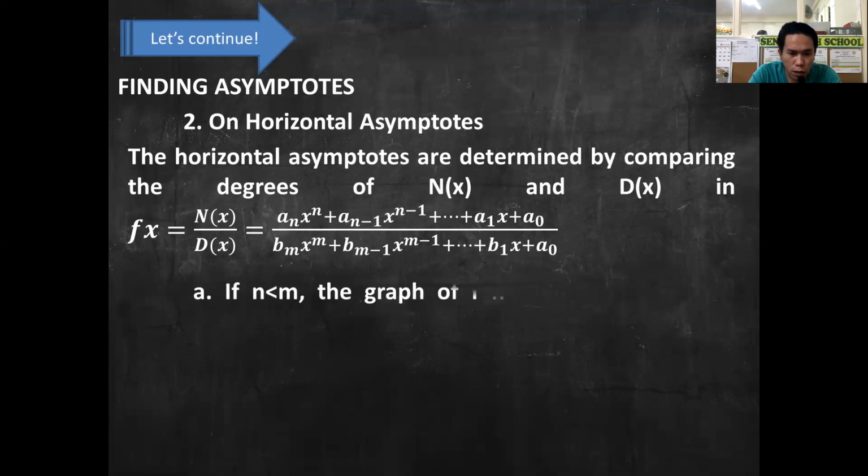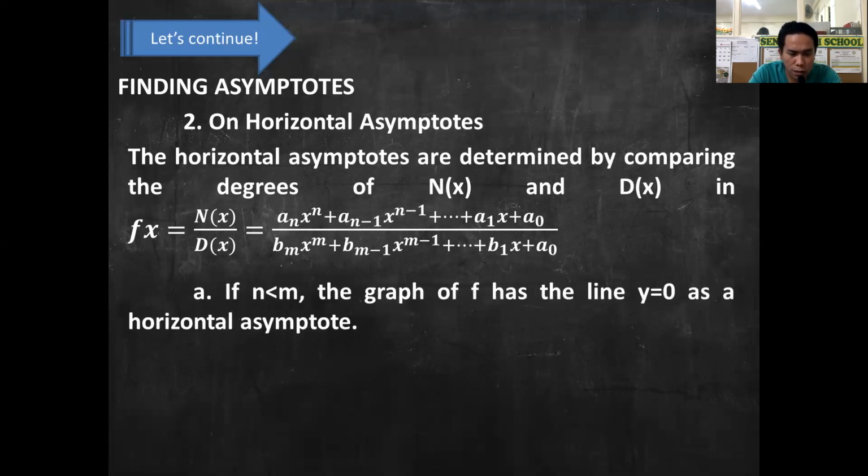If n is less than m, the graph of f has the line y equal to 0 as a horizontal asymptote. So kapag yung degree ng numerator is mas maliit sa denominator, yung ating horizontal asymptote is doon mismo sa x-axis.